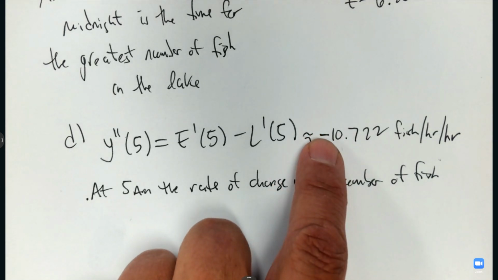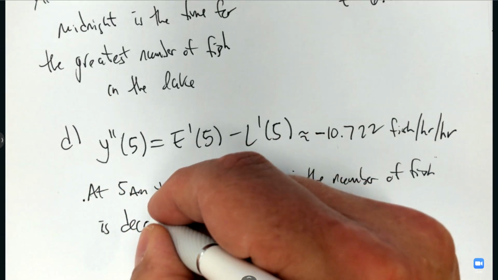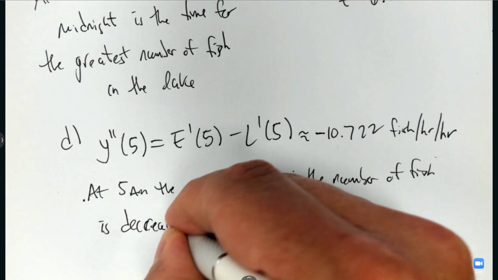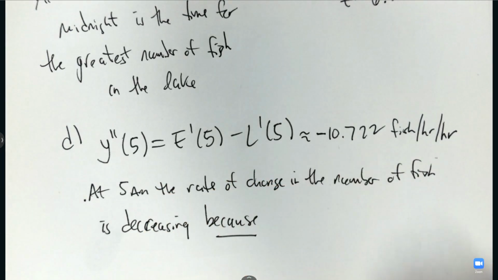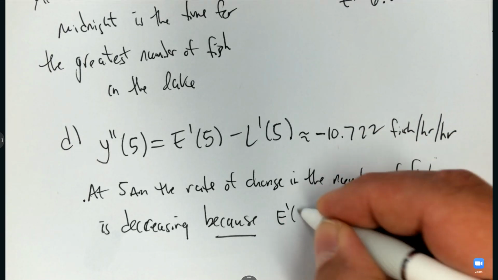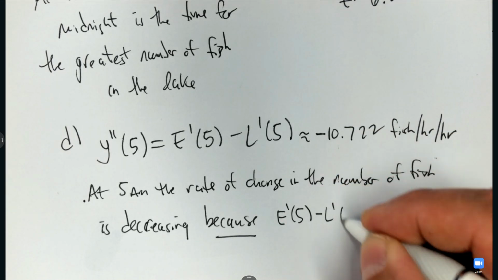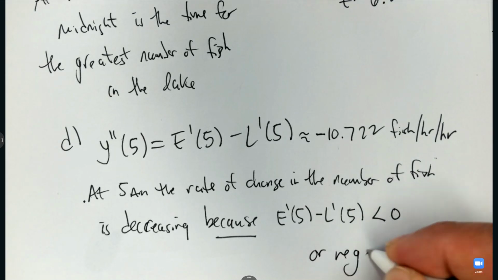What's the indicator? Is decreasing, since or because. Decreasing, there we go. That's the word I'm looking for. Because. And why is it? That's because the derivative, this derivative, is less than 0, or you could say it's negative.